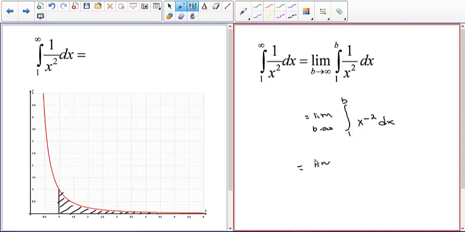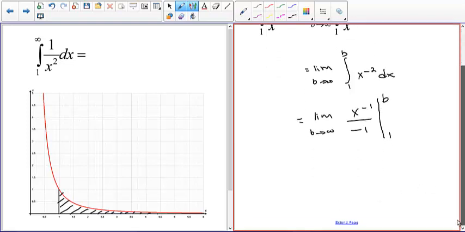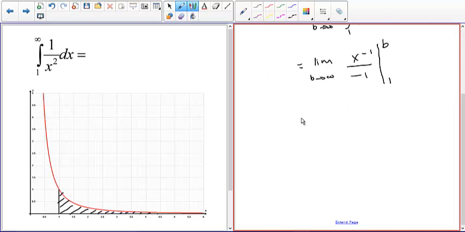Okay, now we can apply the rule where you add 1 to the exponent, divide by the new exponent, draw a straight line to show your limits, then you plug in the upper limit into your expression.